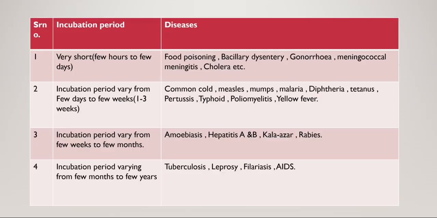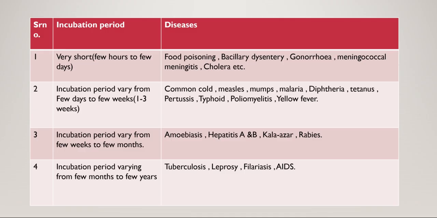Next, here are some incubation periods and diseases. First are the diseases having very short incubation period, from few hours to few days: food poisoning, bacillary dysentery, gonorrhea, meningococcal meningitis, cholera, etc. Second is the incubation period that varies from few days to few weeks, seen in common cold, measles, mumps, malaria, diphtheria, tetanus, pertussis, typhoid, poliomyelitis, yellow fever.